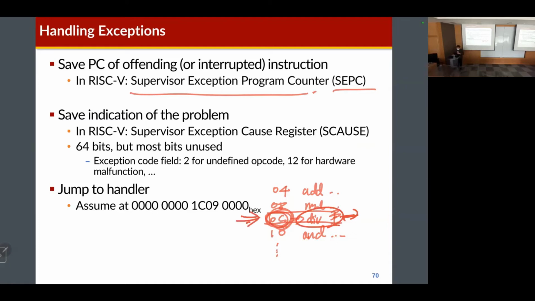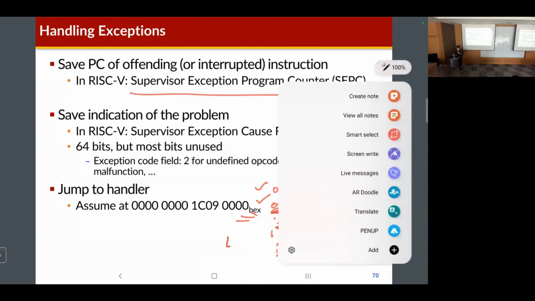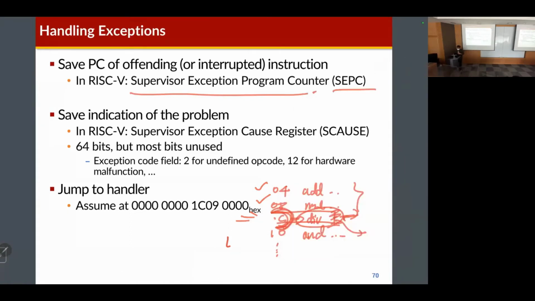The exception happened at this instruction, which means that these instructions are normal instructions. This instruction is some kind of, how can I say, abnormal or uncommon instruction. But the instructions before it are the common or normal instructions.